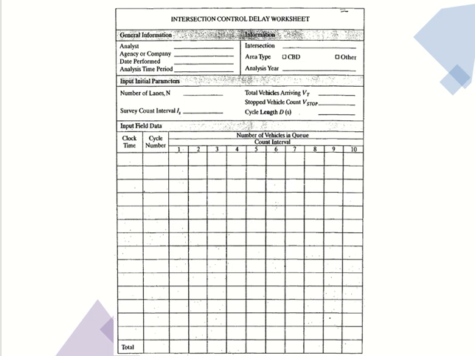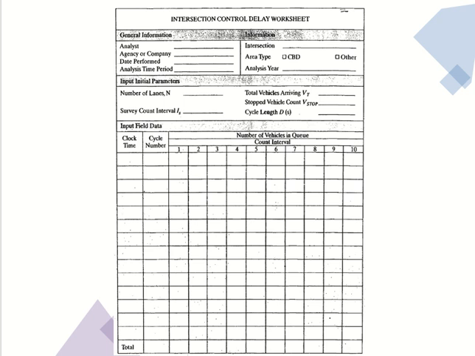This is a sheet, okay, which is basically from observer number 1, the one who is taking the delay, the vehicles in the queue. Okay, so some basic information on the top. Then how many lanes you have, the interval you gave to observer number 1 for taking the vehicles in the queue, total and stopped.